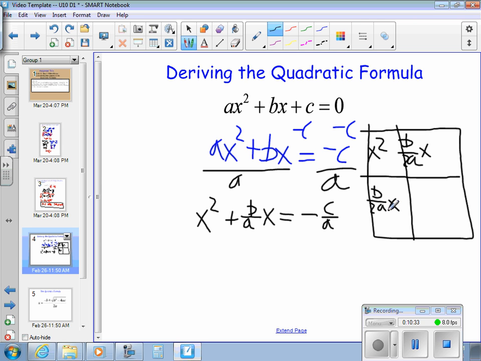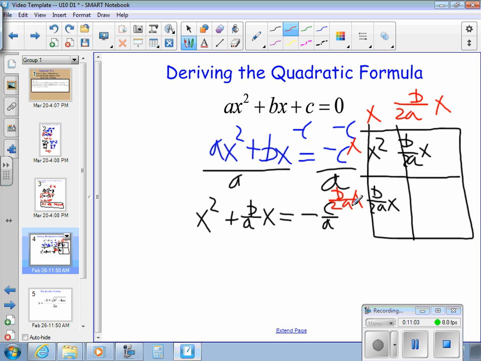Okay, now, to make this work, let's see what we need here. Well, those are both going to be x's. And that has to be b over 2a times x, and so does this, b over 2a times x.